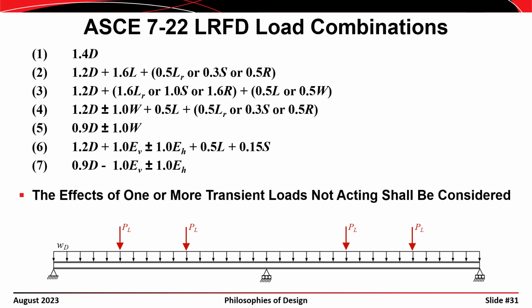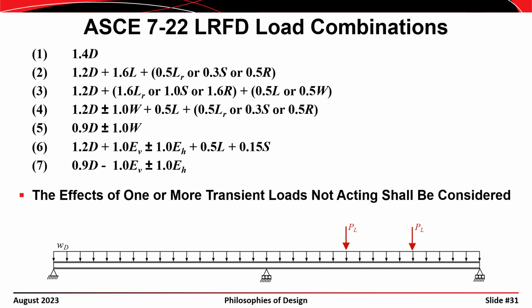But that isn't the most critical case when you consider positive moment. If you were to design for just the 2 live loads acting in the first span, that would lead to a larger positive moment in the first span than all 4 live loads acting together. Additionally, considering only the 2 live loads in the first span would result in a negative moment in the second span.